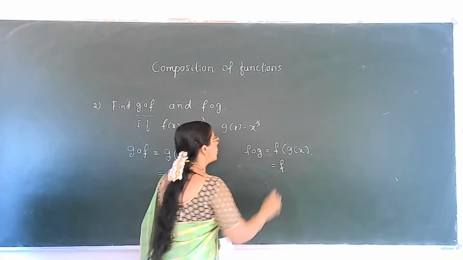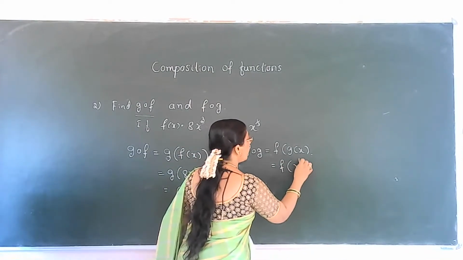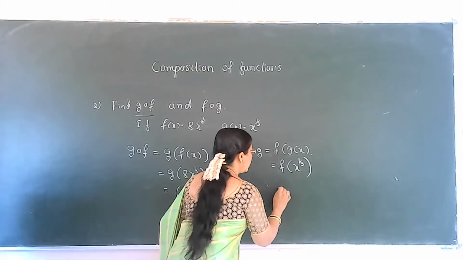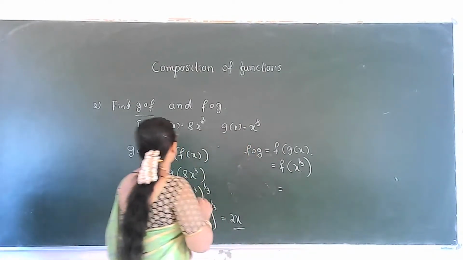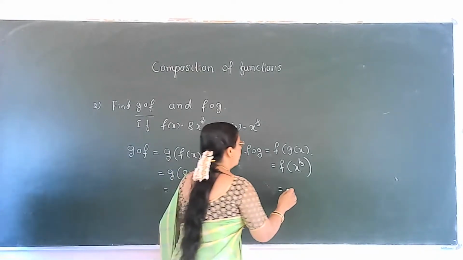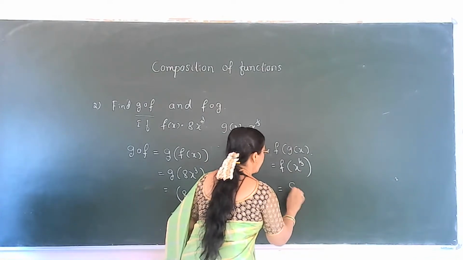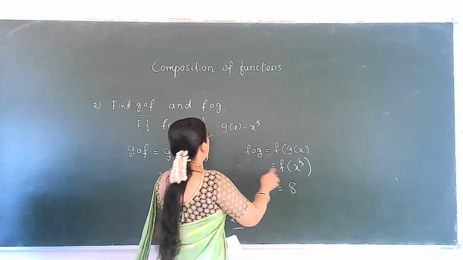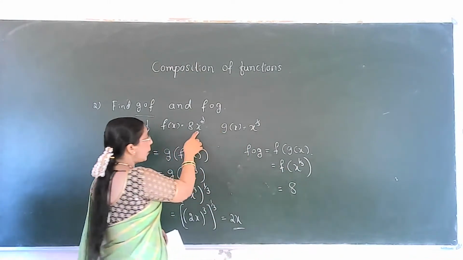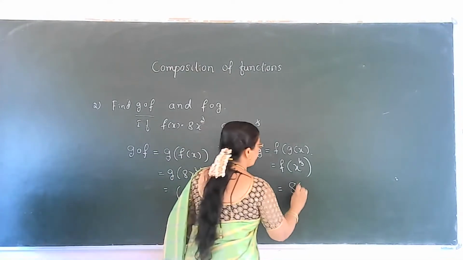Then we find the f composition of g, which is equal to f of g of x. Here, g of x is x to the power 1 by 3. Then it is equal to f, the function 8x cube. Then we put the value of x to the power 1 by 3 in place of x.